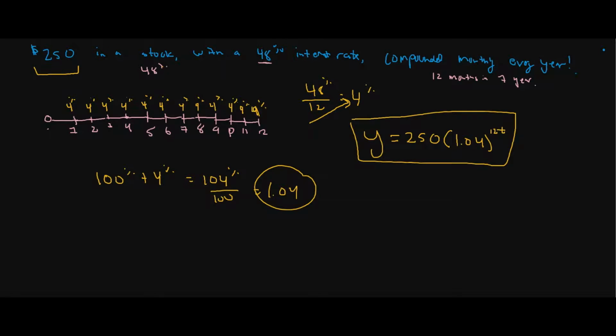All right, so let's set up another problem. Let's say $251, increasing, compounded daily every year. And let's write an equation for this. Well, compounded daily, ask yourself, how many days are in a year?